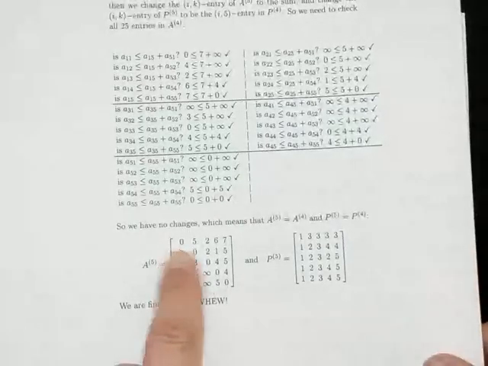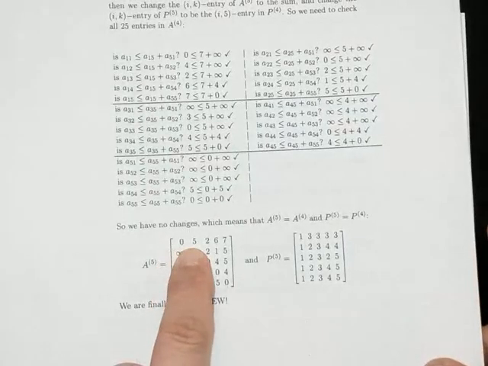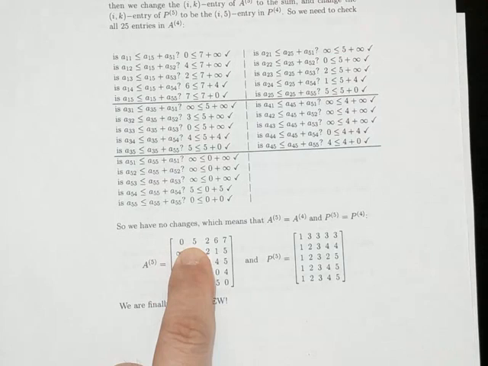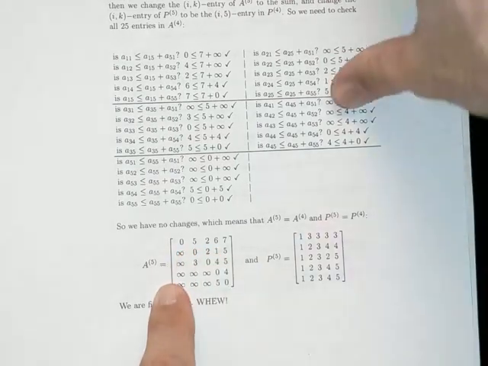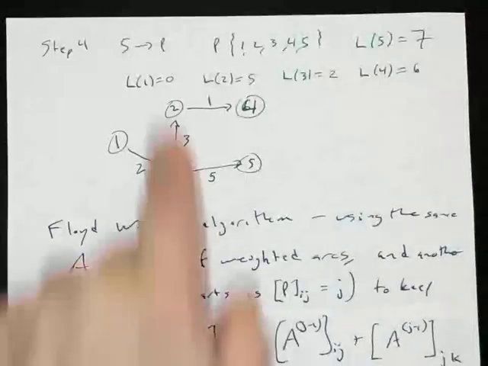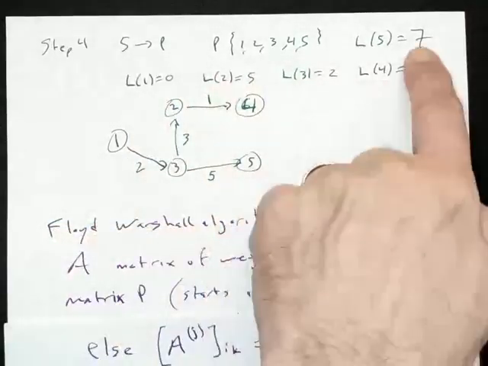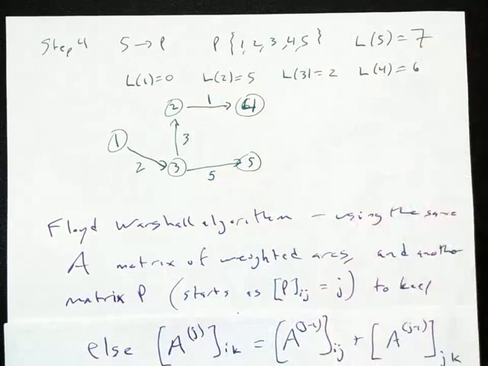Notice this top row, 0, 5, 2, 6, 7. 0, 5, 2, 6, 7 are exactly the same weights we found in Dijkstra's algorithm. The shortest paths from 1 to something else is the first row in matrix A5.